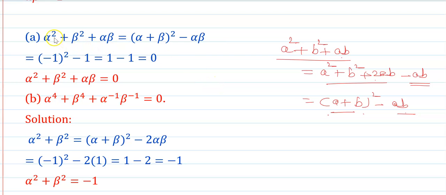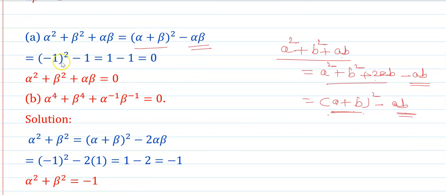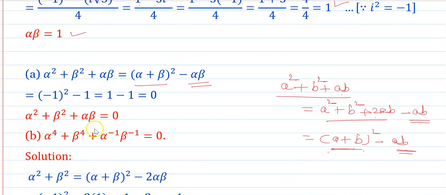Similarly, alpha square plus beta square plus alpha into beta is nothing but alpha plus beta bracket square minus alpha into beta, just like this. Now what is the value of alpha plus beta? The value of alpha plus beta is minus 1. Therefore minus 1 square, and alpha into beta is 1. Therefore minus 1 square minus 1, 1 minus 1, overall you will get here 0, and hence the result.